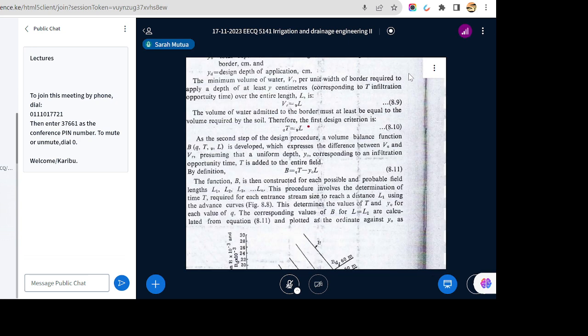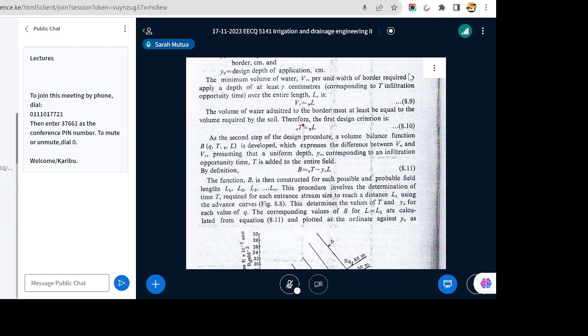Is it conservation of mass or continuity? Both continuity and conservation of mass are the same. So here we are saying the amount of water that you release should be equal to the water that is required to replenish the root zone.